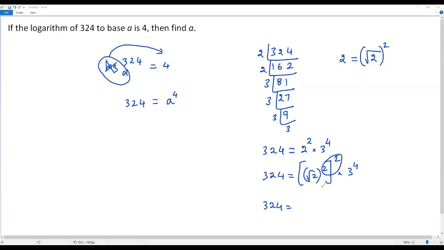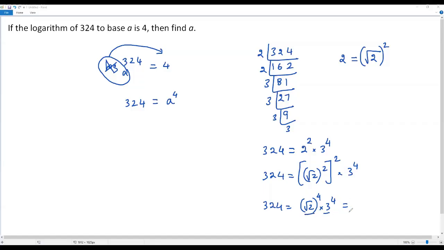Whenever we have two exponents like this, we can multiply the two exponents. In that case, I'm getting square root of 2 to the power 2 times 2, which is the fourth power, times 3 to the fourth power. Here, two terms are multiplied with the same exponent 4. Whenever two terms are multiplied with the same exponent, we can multiply the two bases and take the exponent 4 in common.